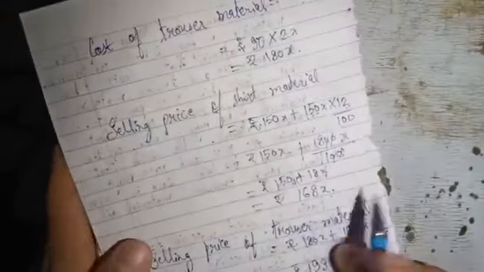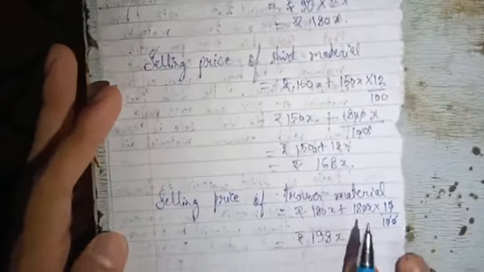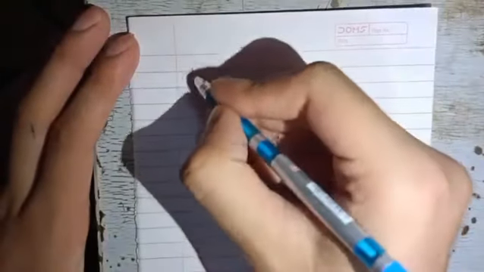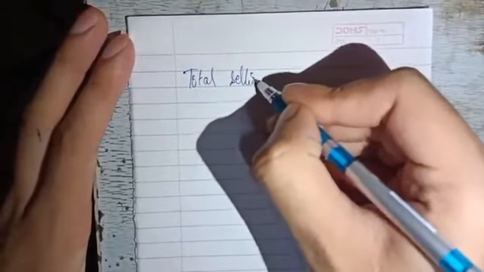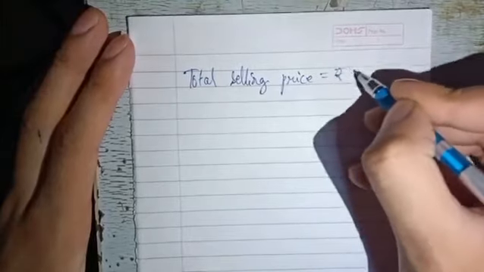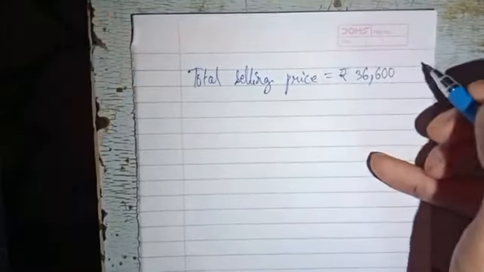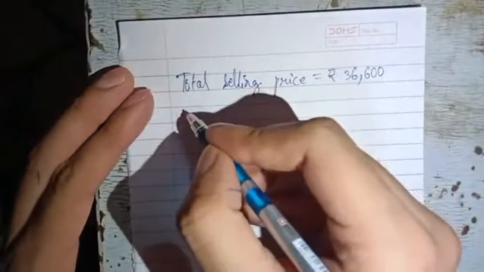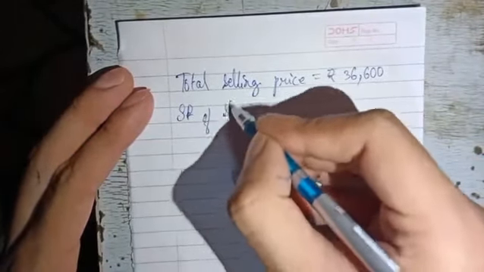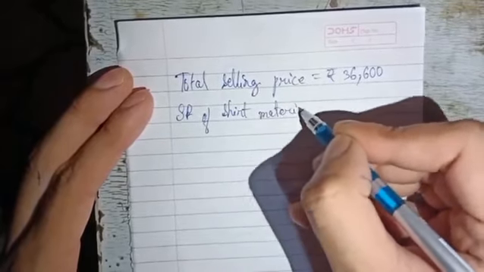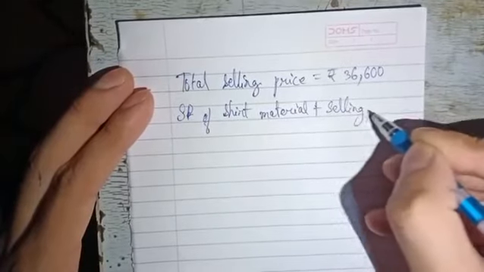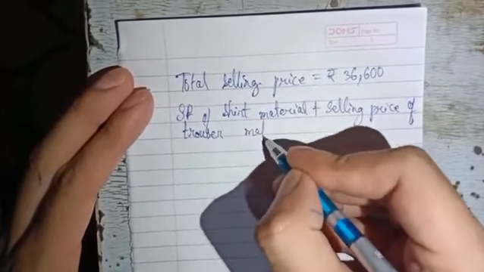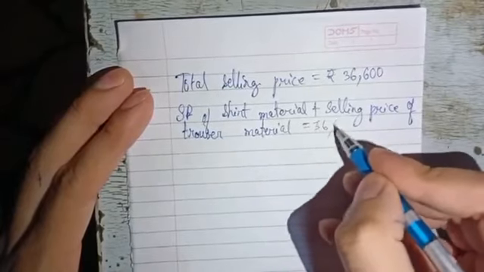So total selling price will be equal to the selling price of shirt material plus selling price of trouser material, and that is equal to 36,600 rupees.